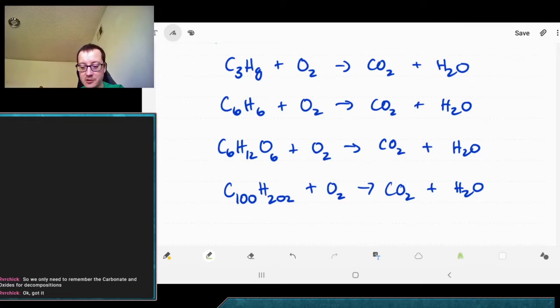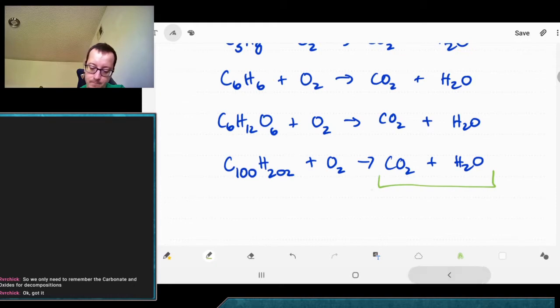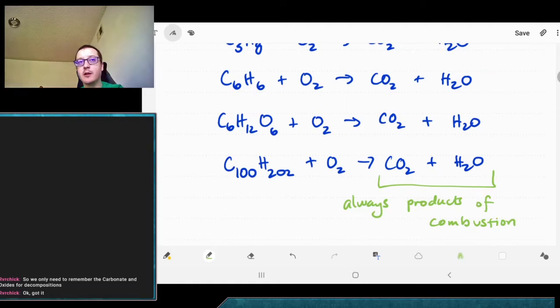That's a combustion reaction. These are always your products of a combustion reaction. So if I give you any sort of hydrocarbon with oxygen, you better be able to spit out these two products.